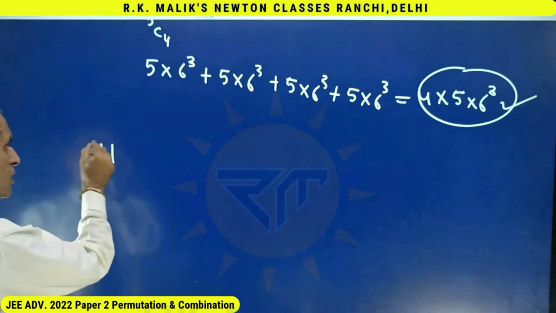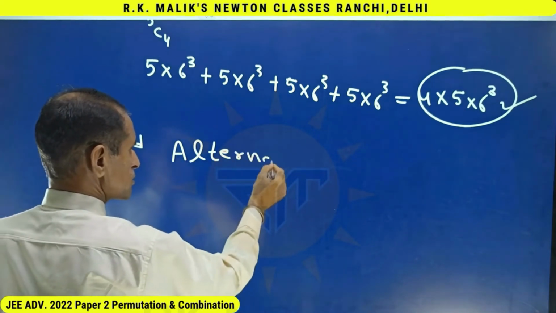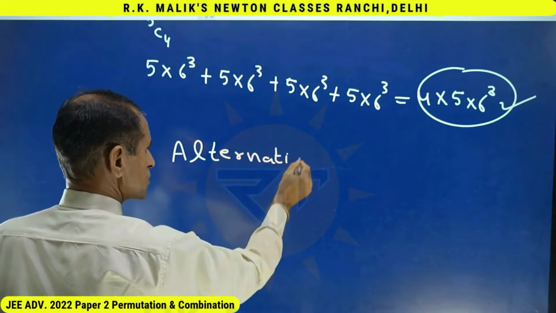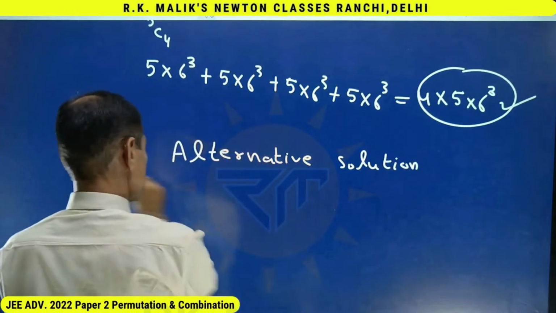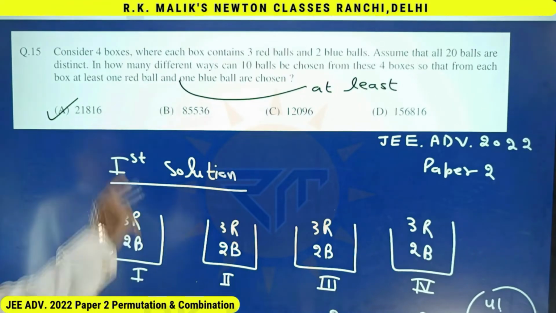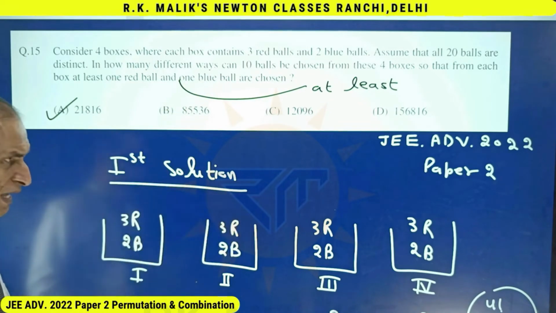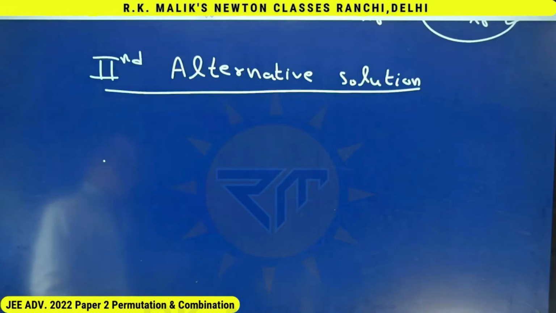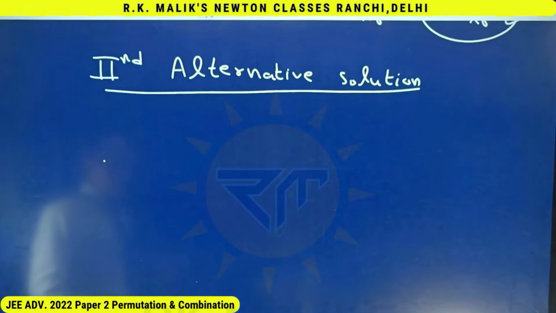And now I will say about the second alternative solution. Note that in this solution also, I am supposing the case that at least one red ball and at least one blue ball are chosen from every bag. To understand this way, first I make you understand a simple question of this type.